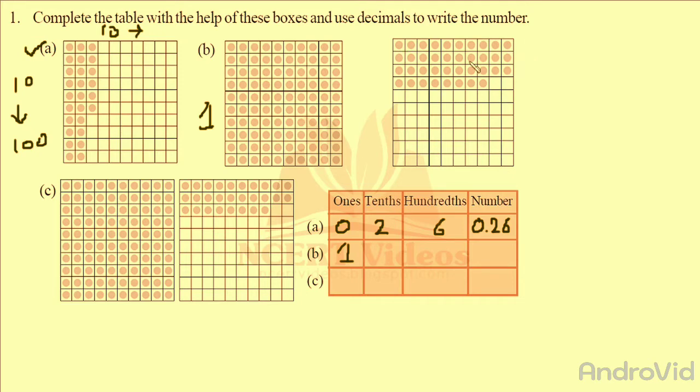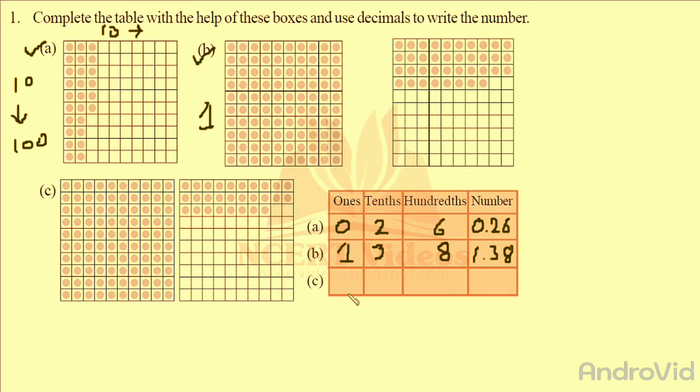Now counting them. 10, 20, 30. 3, 4, 5, 6, 7, 8. So they are 1.38. Never pronounce it as one point thirty-eight. It is one point three eight.